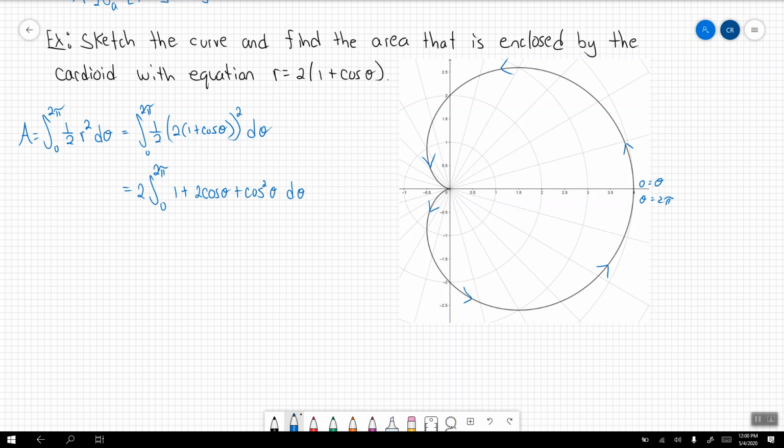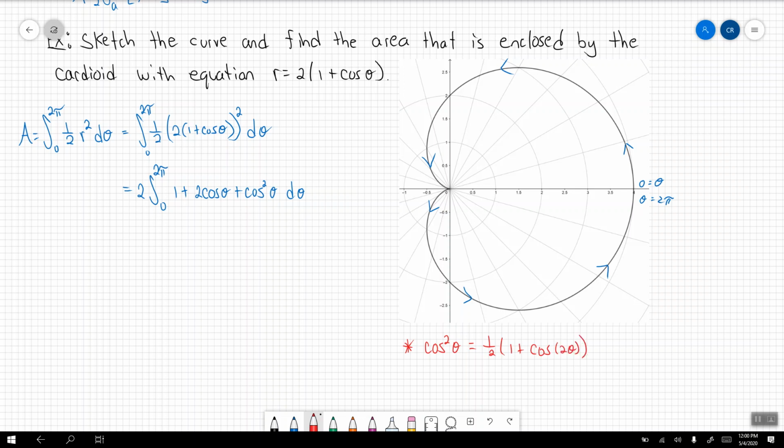Now, I'm going to make a substitution for my integral of cosine squared. For cosine squared theta, we need a power reduction. That power reduction should be 1/2 multiplied by 1 plus cosine of 2 theta.